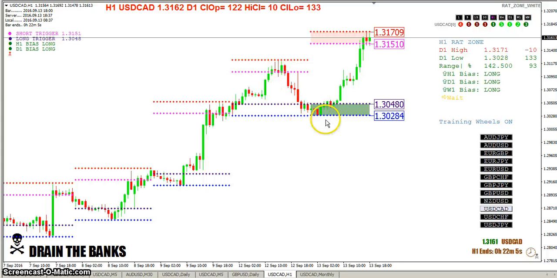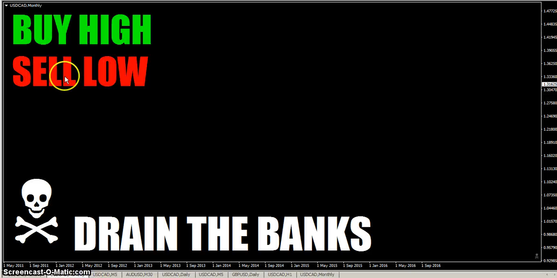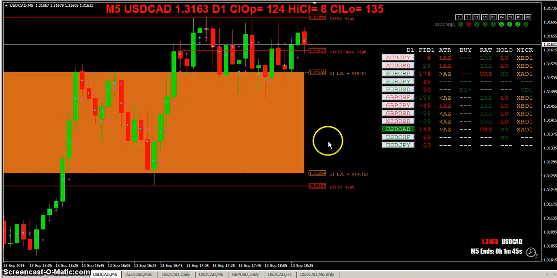They move, okay? You can see here price was moving down. Price here consolidated. So what do you want to do? You want to buy high or sell low. So remember that. Buy high, sell low, but it's all relative to the candles.